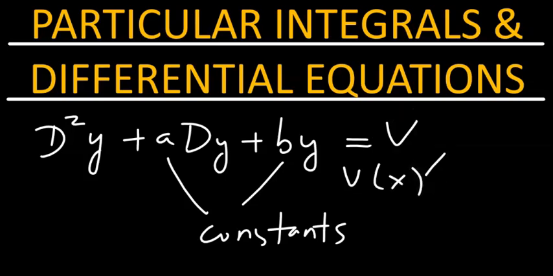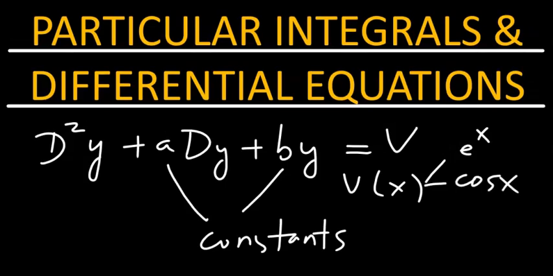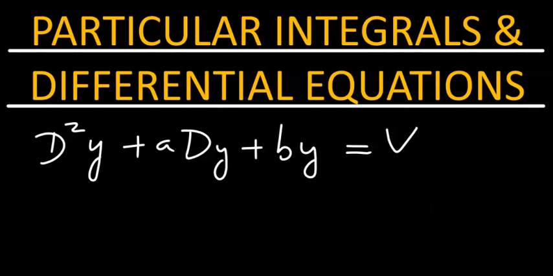Examples for v are exponential functions, trigonometric functions, or polynomials, terms such as x, x squared, x cubed, or any combinations of them. As we have mentioned before in our previous video, D is the differential operator d over dx.